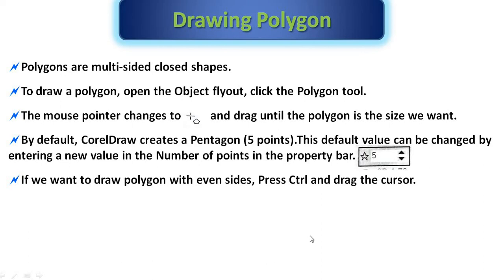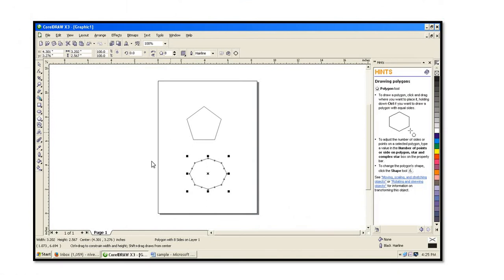If you want to draw a polygon with even sides, I have to press the Ctrl key and then drag the cursor. I will get a polygon with even sides. See, I have selected this polygon tool, and this is the default pentagon I get. And here, I have changed the number of points from 5 to 8, so I have got this type of polygon.